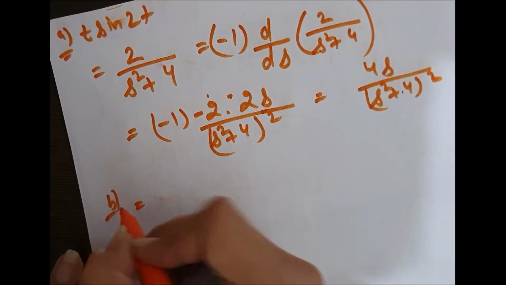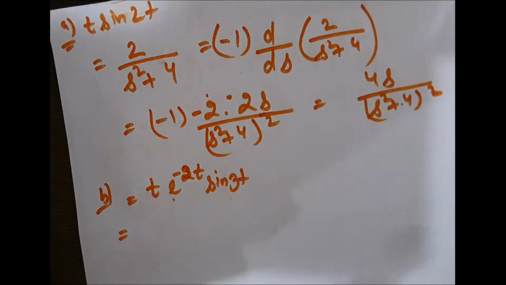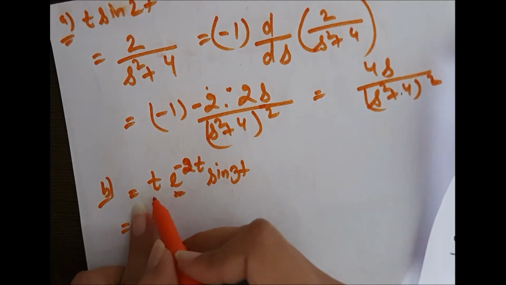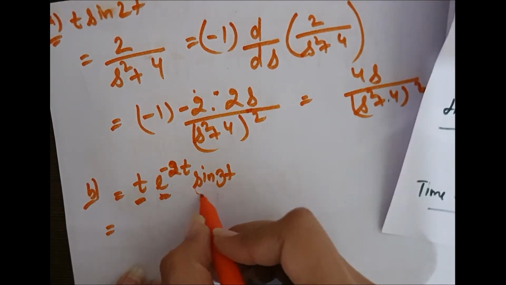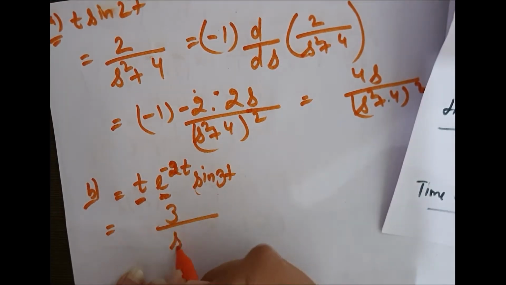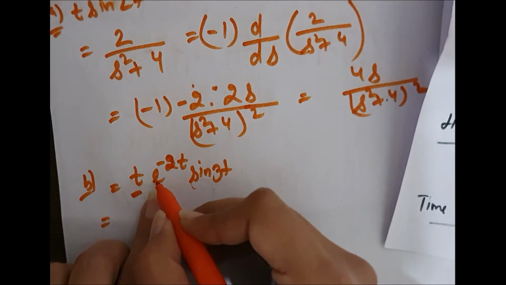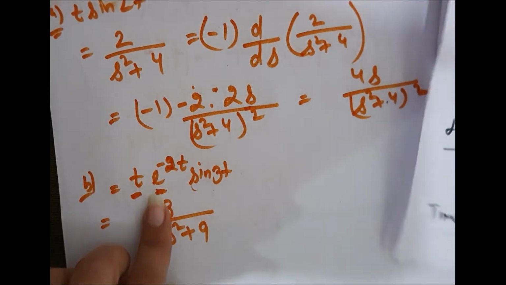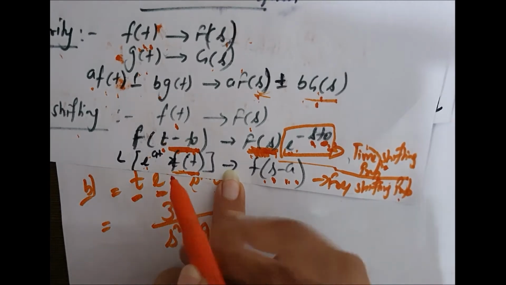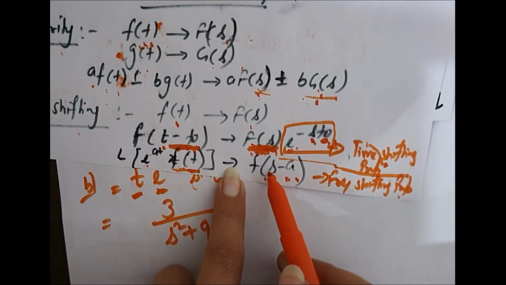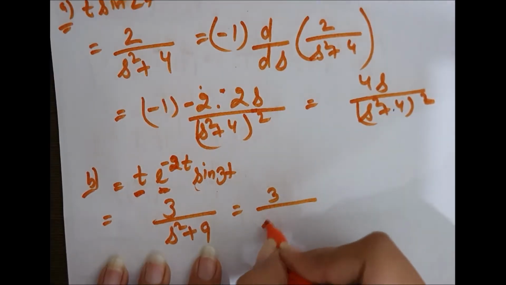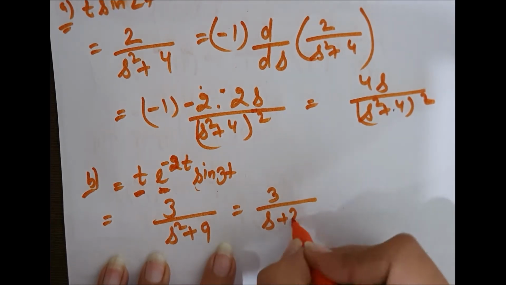Second example. Now here two properties are there, that is frequency shifting as well as time multiplication. Here sin 3t is 3 upon s square plus 9, and due to this exponential minus 2t, due to frequency shifting property, its Laplace transform will be s minus a. In place of s we have to do s minus a.